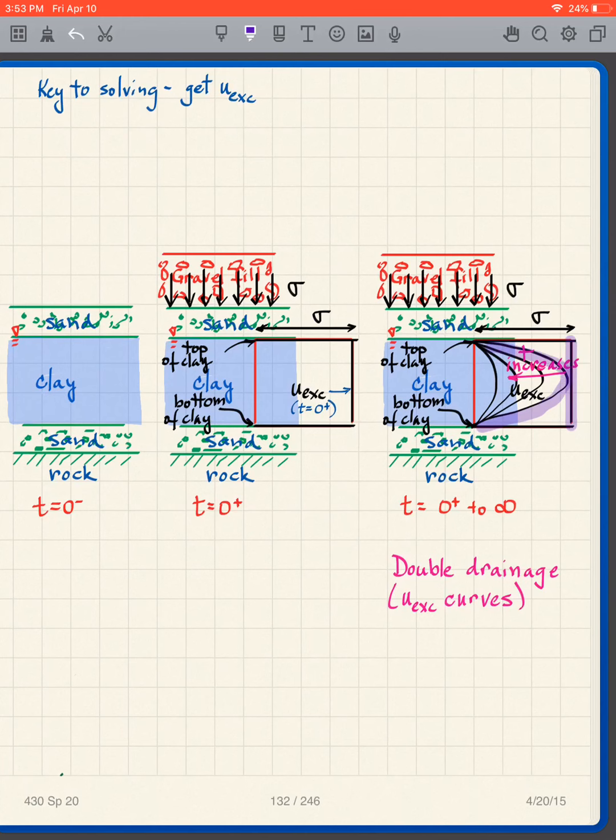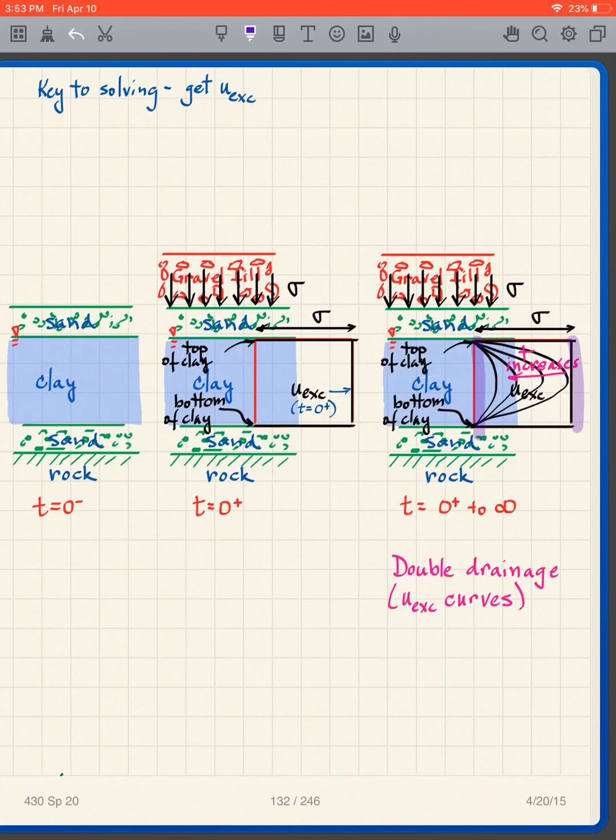As another little bit of time goes by, the shape of the excess pore pressure is like that. Until eventually it keeps going lower and lower until basically it gets to U excess equals 0. As we know, at t equals infinity, U excess is 0. So here's U excess is 0, here's U excess is sigma.